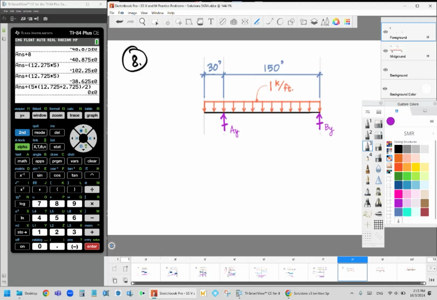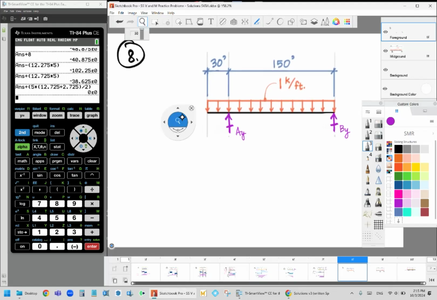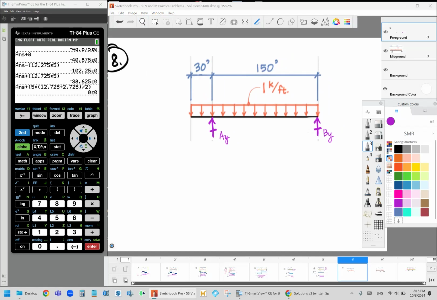Now remember, for the purpose of doing reactions, go ahead and turn this line load into a resultant force, concentrated load, whatever you want to call it. So I'll just put it right about there. Just kind of throwing it in temporarily just so I can do my moment summation.